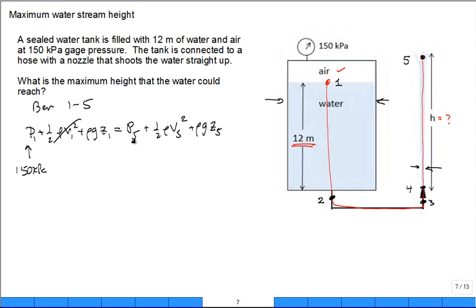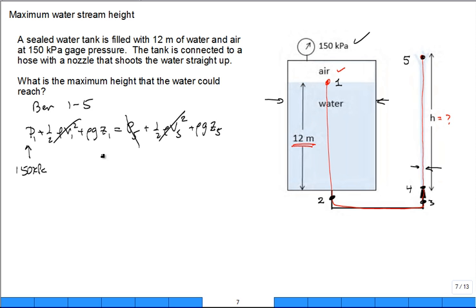Okay. P5, pressure at 5. Atmospheric, we're going to work in gauge because this pressure is in gauge. And 1/2 rho V5 squared is 0.